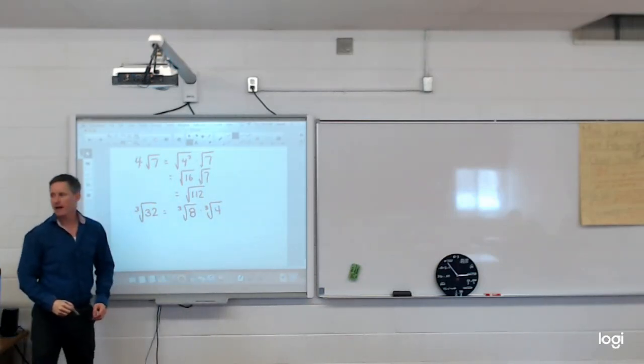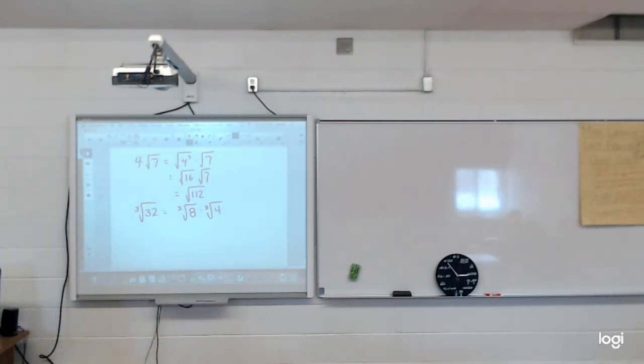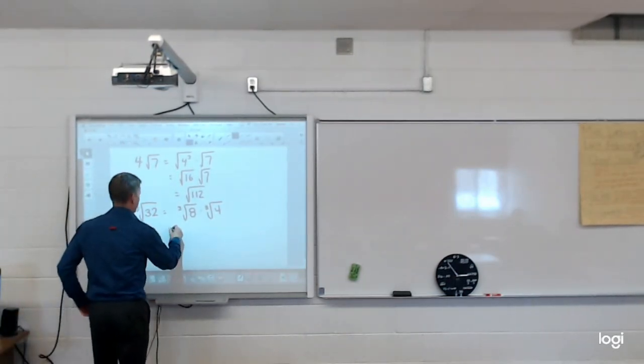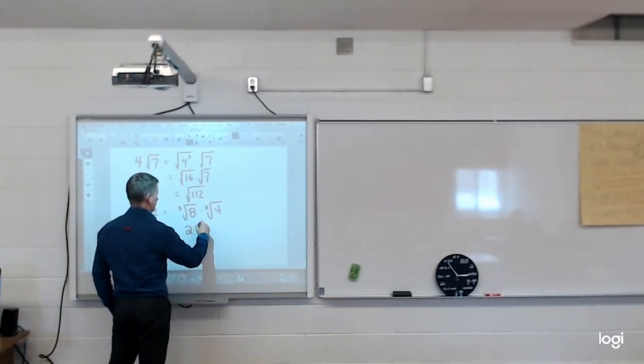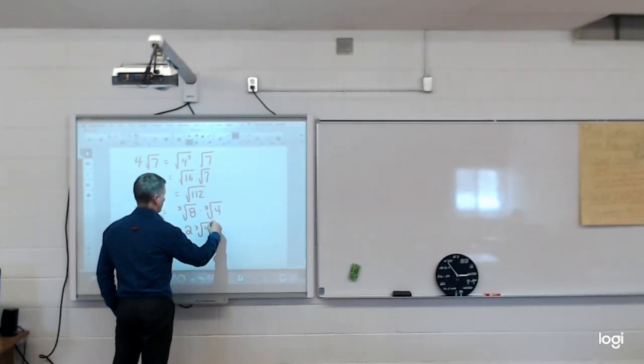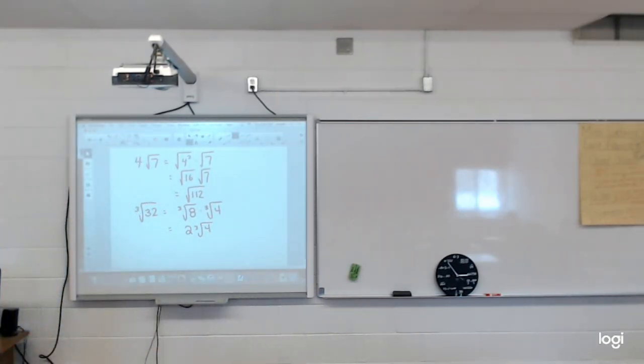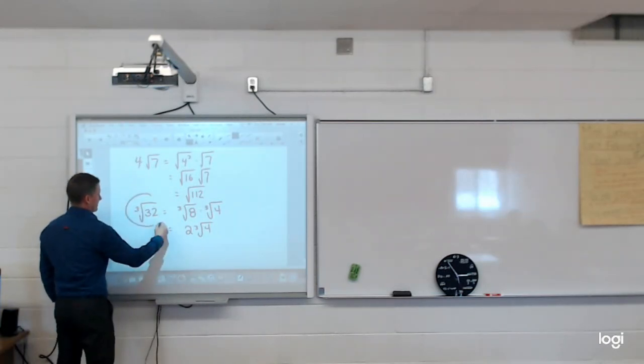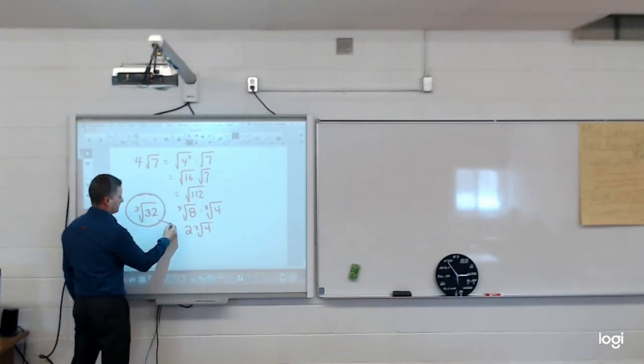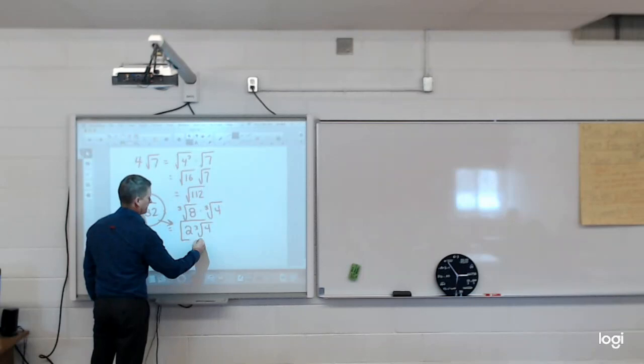So I change that to cube root 8 times cube root 4, right? What is the cube root of 8? 2. 2 times 2 times 2 gives me 8. Therefore, the cube root of 8 is 2. I went from an entire to a mixed.